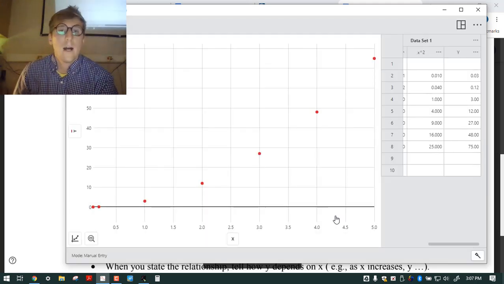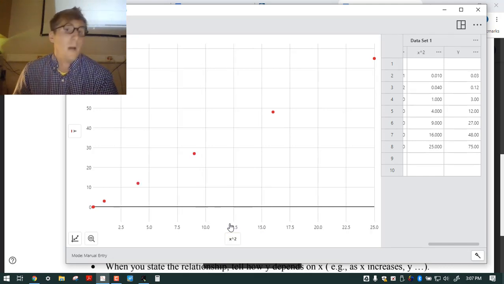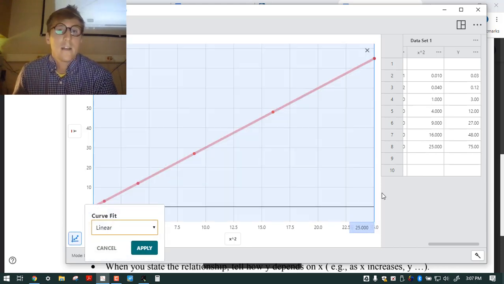We click apply. It didn't do anything yet, but now you can tell the computer to graph what I just calculated. Oh my gosh, what just happened? You linearized the graph, because now that thing is straight up straight.